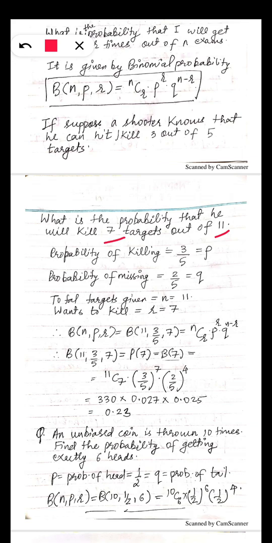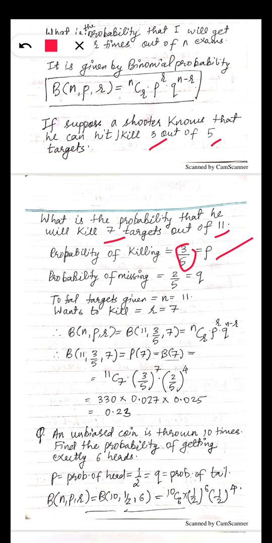So I have to realize that I am dealing with a binomial probability, because that shooter is going to hit or going to miss the target. So there are only 2 options for that shooter. So probability of killing is 3 by 5, because he knows that he hits 3 out of 5.